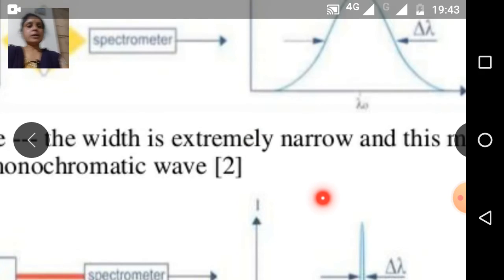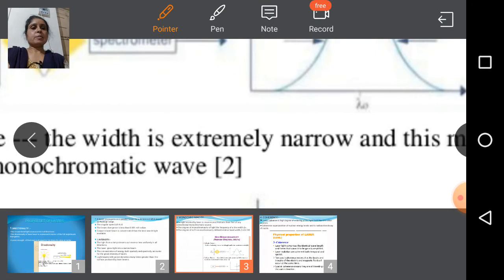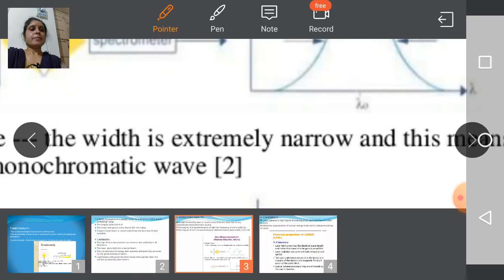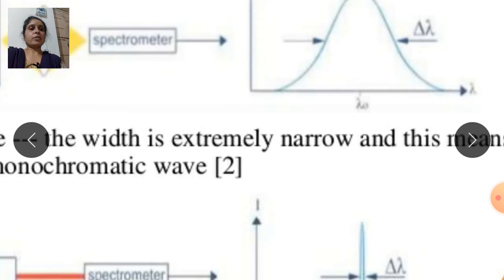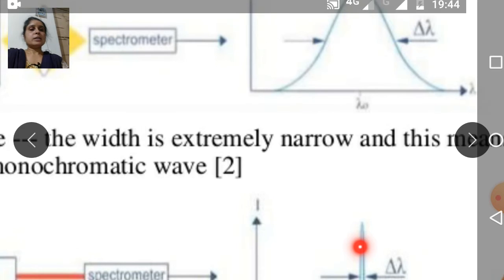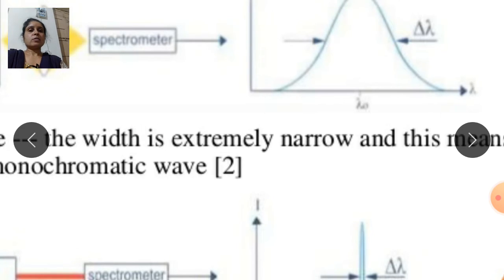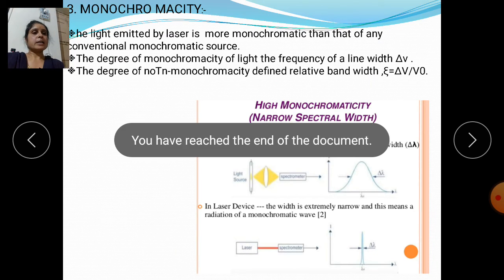In this way we get the monochromaticity phenomenon, the narrow spectrum line of intensity.